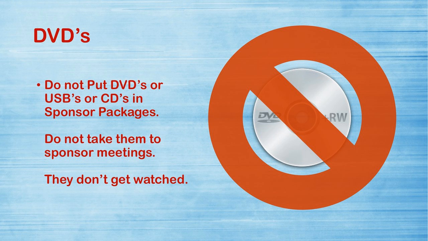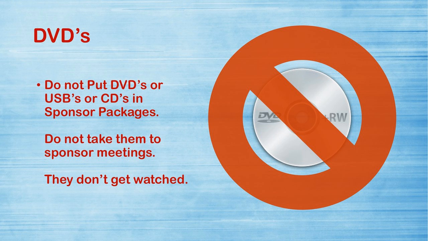One of the things in sponsorship kits, sometimes organizations or people will want to put DVDs or videos on USB flash drives or something. Don't do it. Every business I've ever talked to says they don't watch them. They end up in the trash.